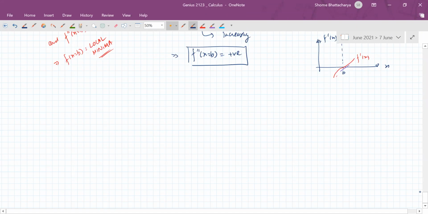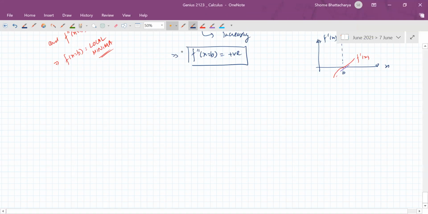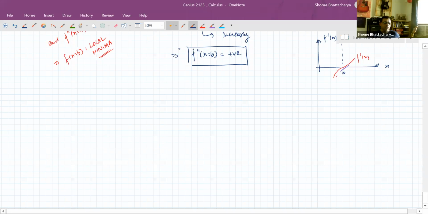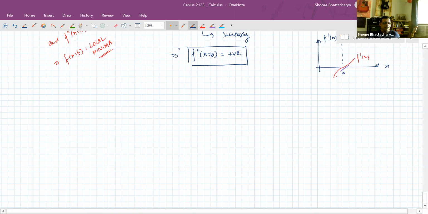But I cannot make it 0 by the definition, na beta? See, when you go with the proper mathematical definition, what is derivative? It is that limit delta x tending to 0, f of x plus delta x minus f of x. So that will not be defined. Just like, can I say that tan of pi by 2 is infinity? That's not correct, na beta?